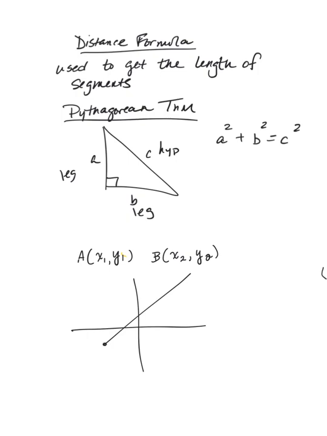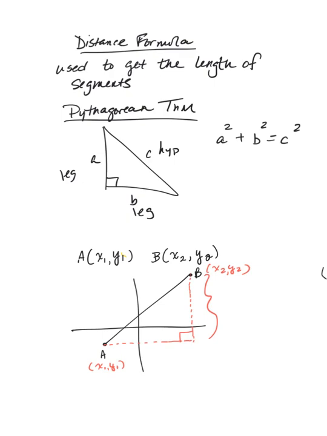So when you're looking to find the length of this segment AB, you could just remember that that segment is actually the hypotenuse of a right triangle. So if you wanted to find this side of the triangle, knowing that the coordinates of B are (x2, y2), and the coordinates of A are (x1, y1), how would you get this measurement?